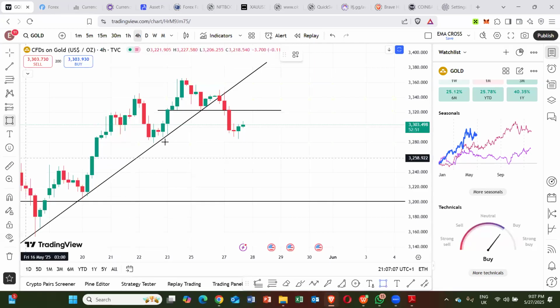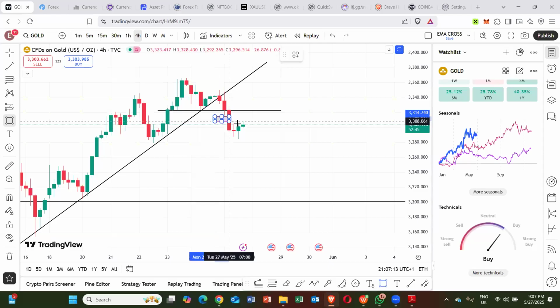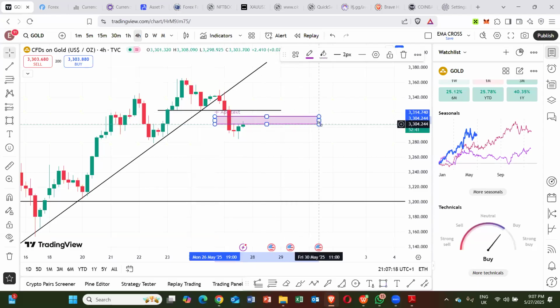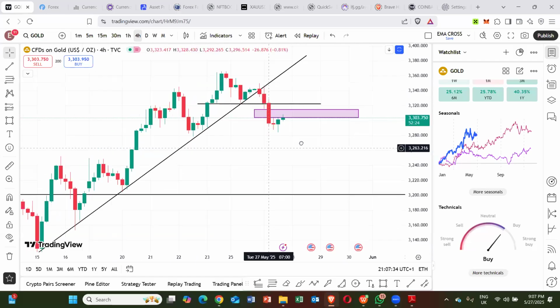So what it has come back to do now is to trying to cover this gap that was created from here. So right now, the market has entered this region. Now, what we want to look for here is we want to see a reaction from here that will send this market down. Okay? So from this level, I think we are better off selling.